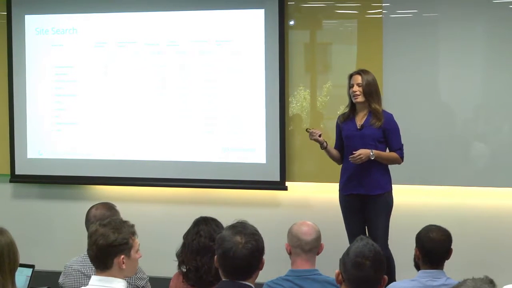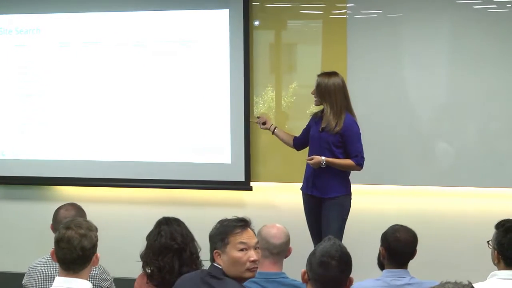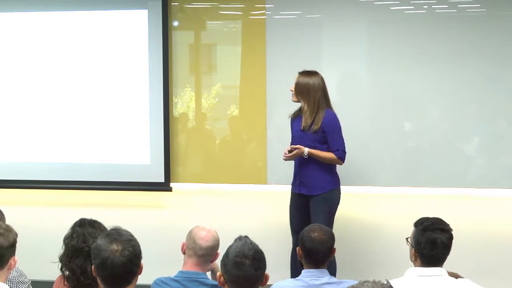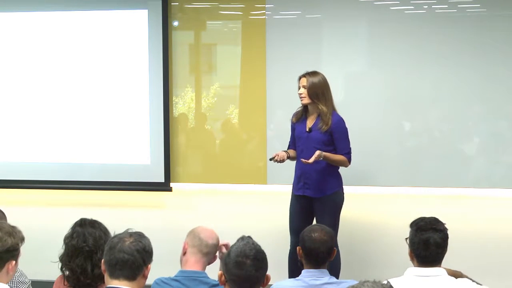And what I see here is that a lot of people are actually searching on my blog for Google Tag Manager or GTM or some version of that. So people are coming to my website looking for information on Tag Manager. And as a blogger, as somebody who's constantly trying to create more content, I'm going to use that information to say, I should probably blog more about Google Tag Manager, because clearly that's what people are coming here for. It's a great way to figure out if there are things that are lacking on your website.